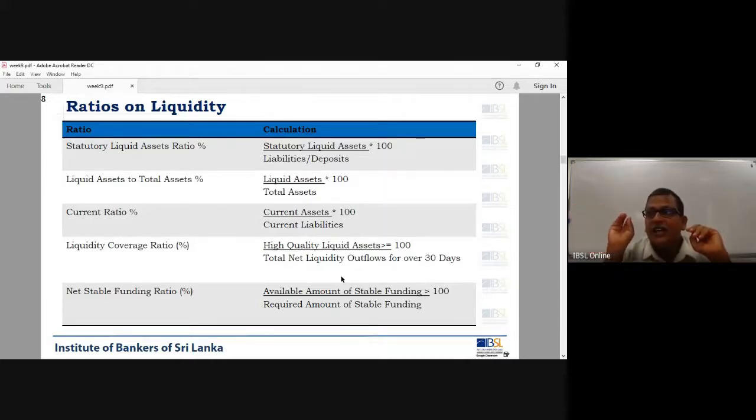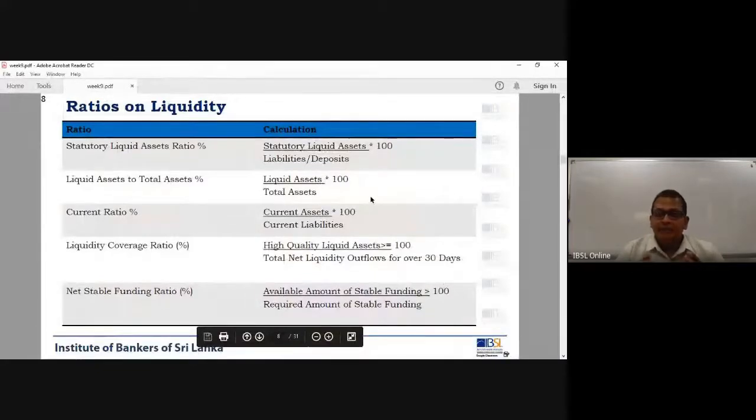If their total liability is 100 million, they have to maintain 20 million in the form of statutory liquid assets. So I am asking, what asset items can be considered as statutory liquid assets? What is the basis for it?